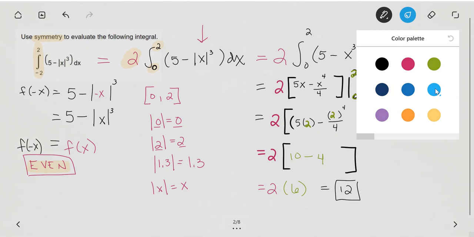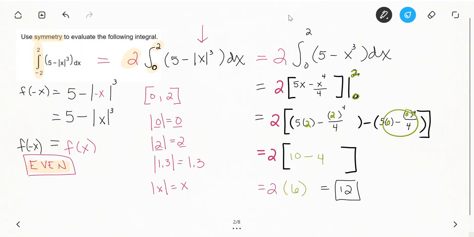And then, with the absolute value, the absolute value of x is always equivalent to x when x is going from 0 to 2. In other words, when x is non-negative, the absolute value of x is equal to x.